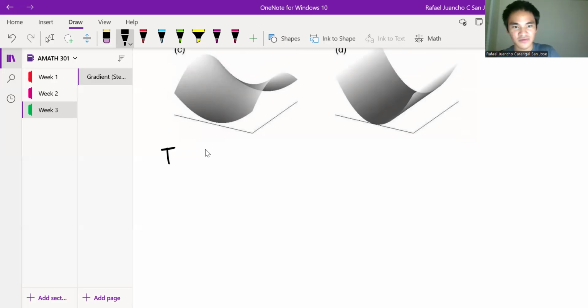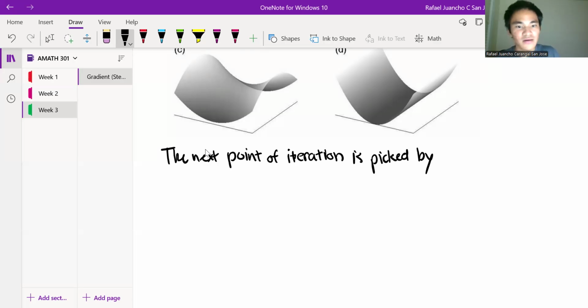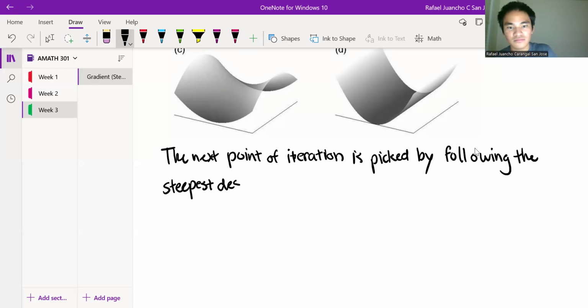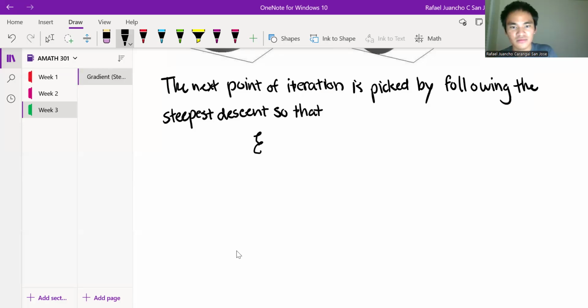We look at this function: x of tau is equal to x minus tau times the gradient of that function.